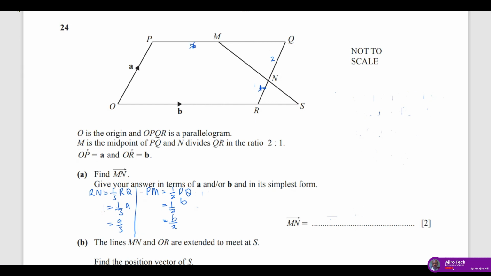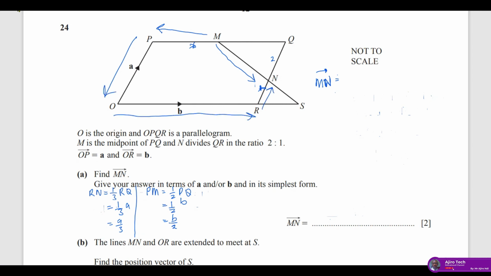I can easily find that now. So to find MN, instead of going from M to N, I can go like this, then like this, then like this, and then like this.